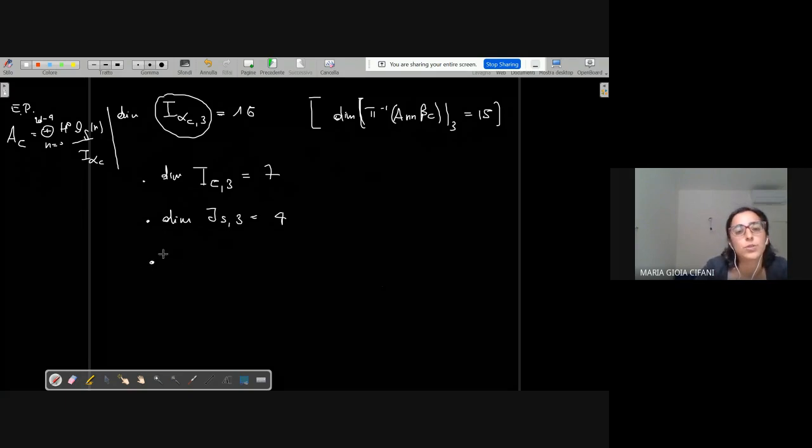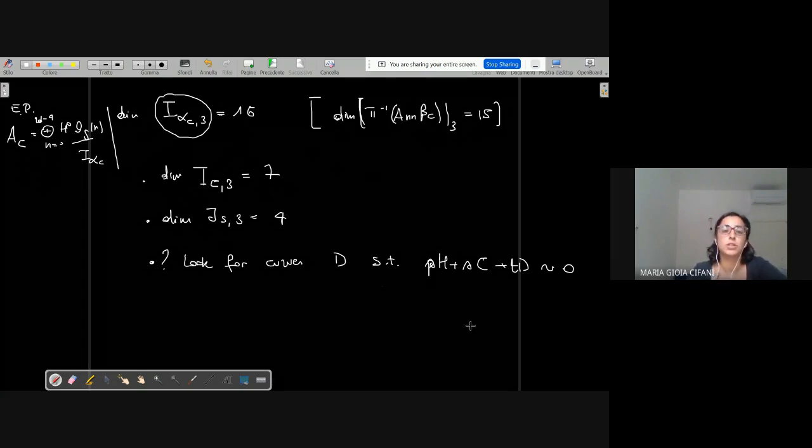And then we have to look for curves D such that, let's say, pH plus sC plus tD, maybe I write it, is linearly equivalent to 0. And we made the computation really by hand here.